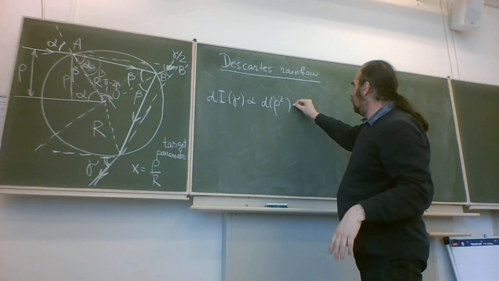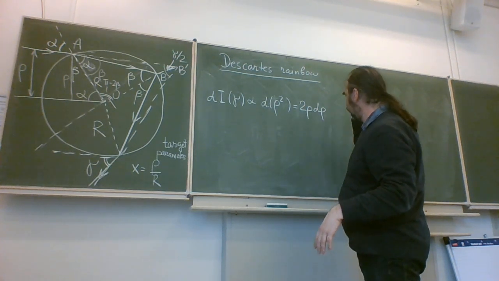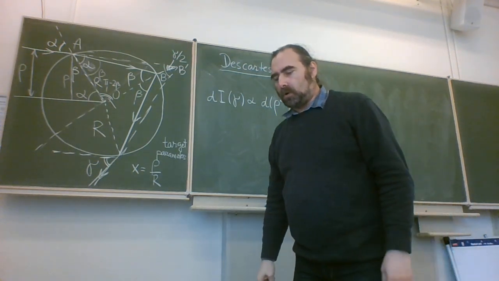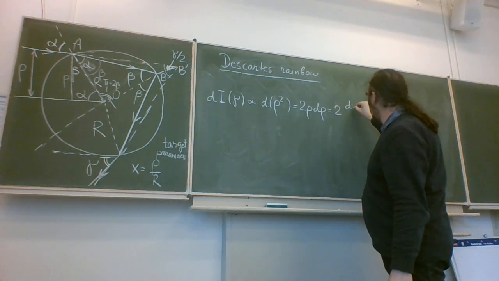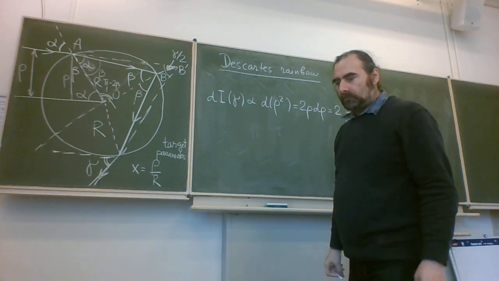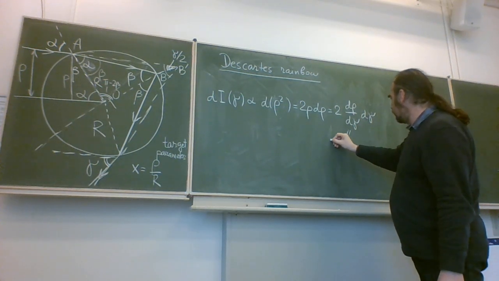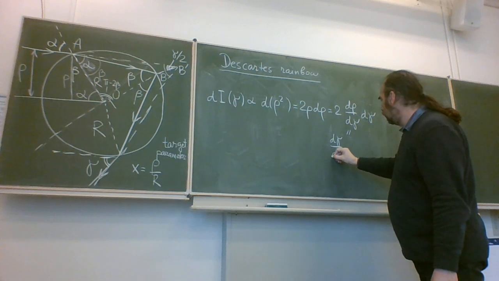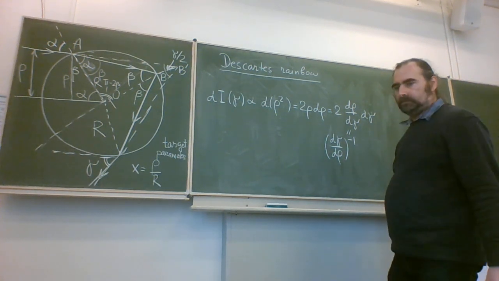perpendicular to the board, and this is 2 rho d rho. Now instead of rho I want to write gamma, so I will write 2 rho d rho over d gamma d gamma. And of course d rho over d gamma is just d gamma over d rho to the power minus 1.